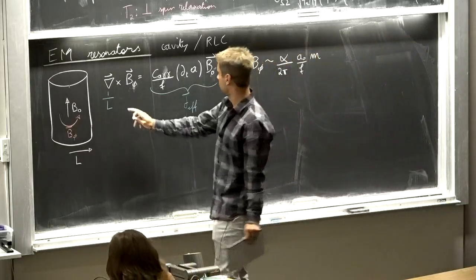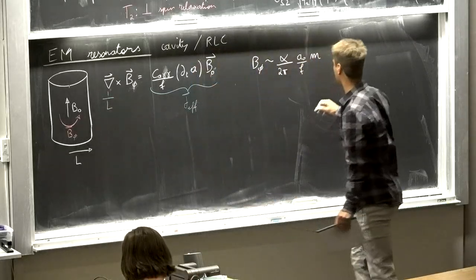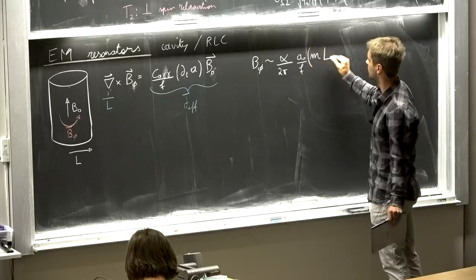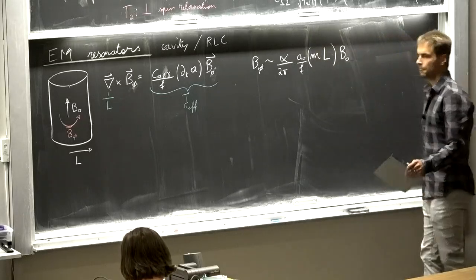And then this gradient was 1 over L. If I bring that to the other side, I get this mL factor here, and proportional to the full B field here. Okay.